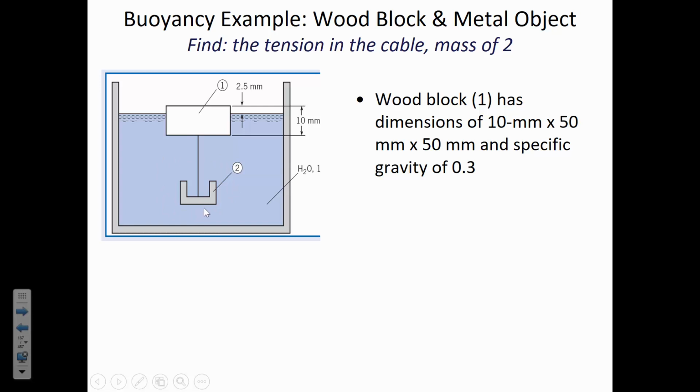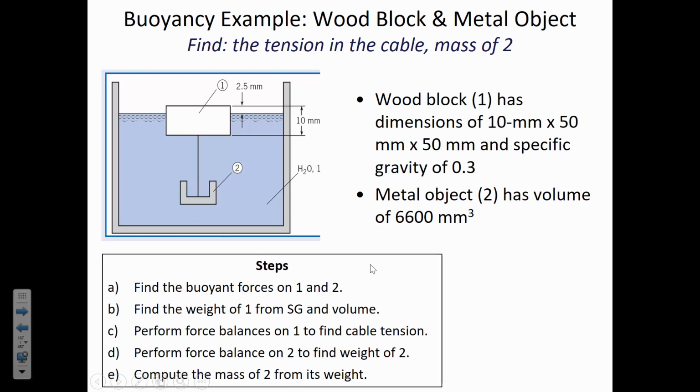So what we can do is we can say we know what it ought to be submerged at and what it is submerged at, and the difference between the two is going to be that force that's pulling up on that metal object. And so we know the volume of the metal object, but we don't know its density, we don't know its specific weight, but we can calculate it through following these steps.